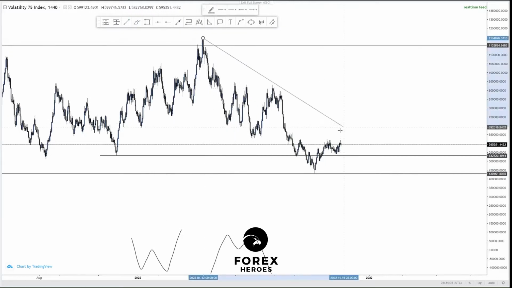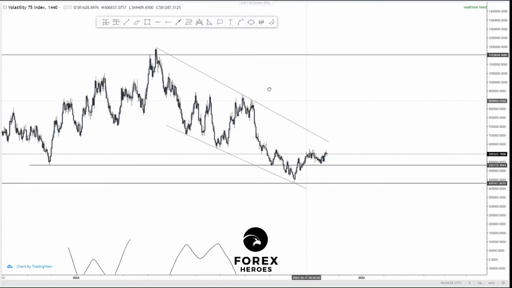Get what is currently happening. To cater for this, you can see here 1, 2, 3, and 1, 2, 3. This was a double top.